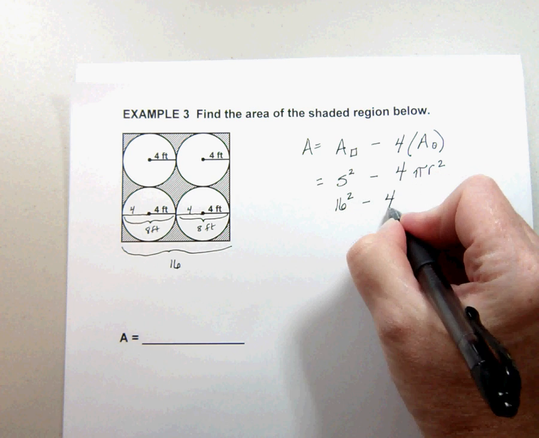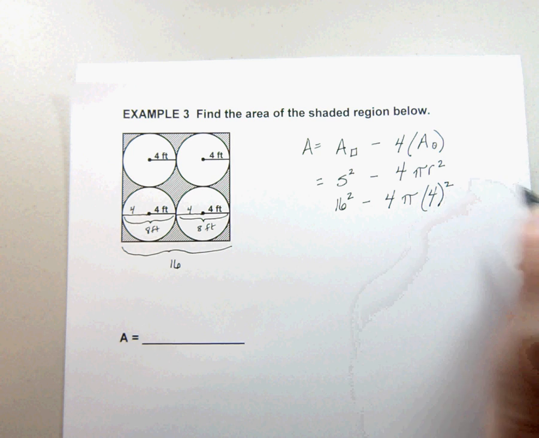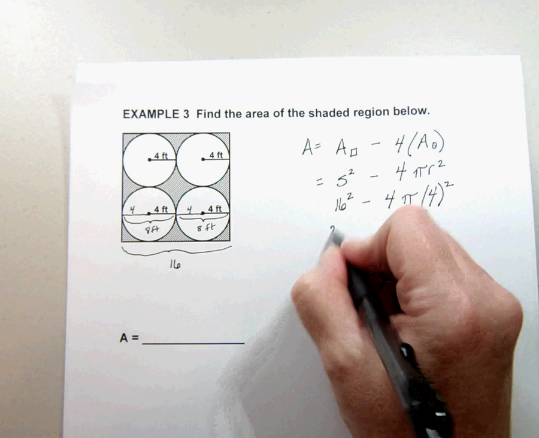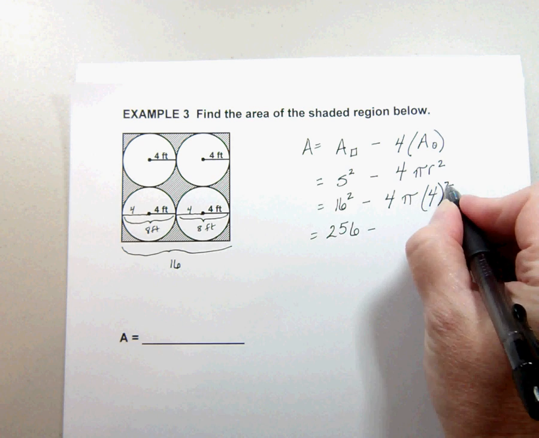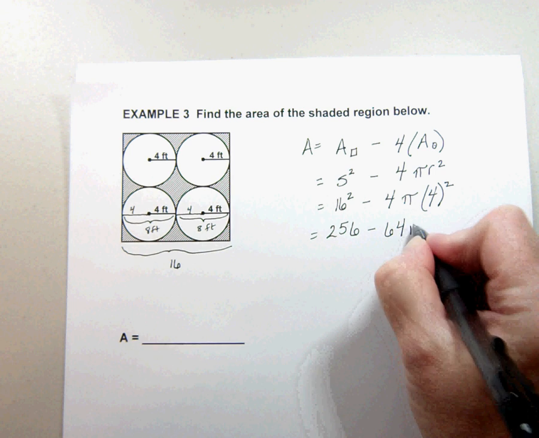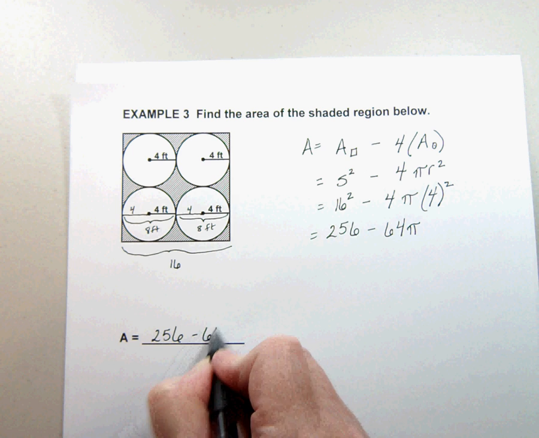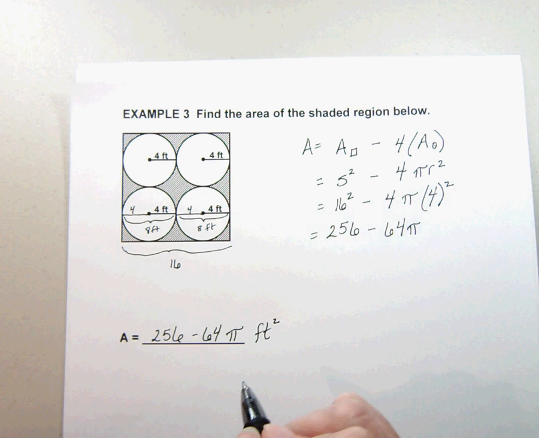And then you're going to take each circle that has a radius of 4 and square that. 16 squared is 256. 4 times 4 squared is 64. We're leaving it in terms of pi, so the answer is 256 minus 64 pi. And this is area, square feet.